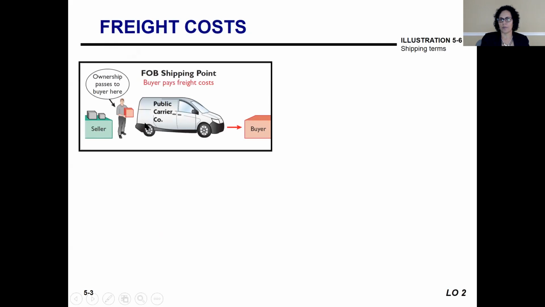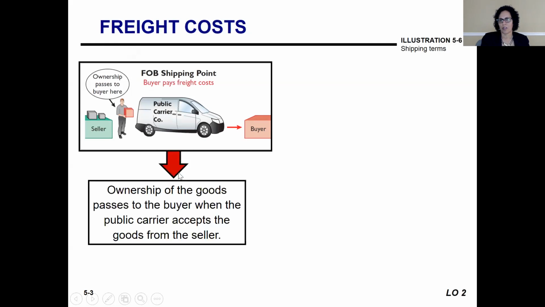During transit, which means it's not yet reached the buyer, they're already the owner of the goods. That's why they pay for the freight. So here what you see is ownership of the goods passes to the buyer when the public carrier accepts the goods from the seller. So the minute the UPS guy takes the goods, the seller is no longer the owner. They're not responsible for the goods anymore. Buyer is the owner, therefore they have to pay for the freight costs.